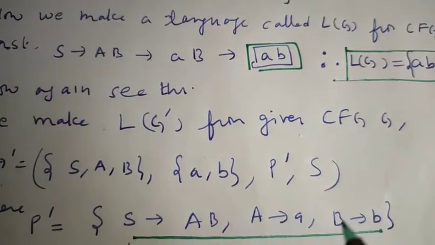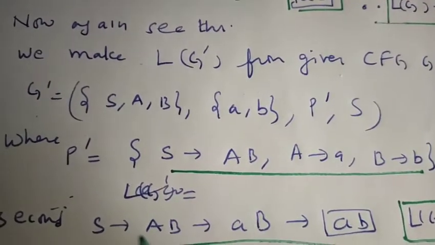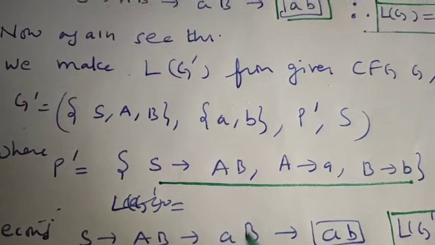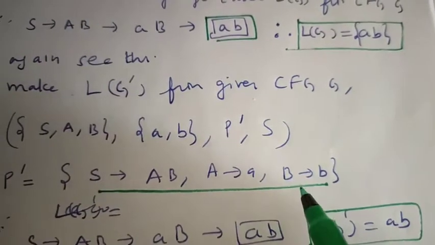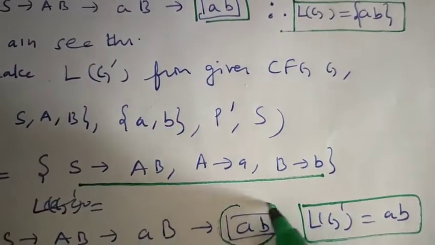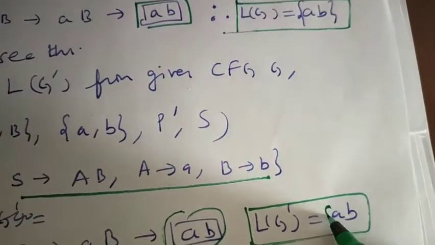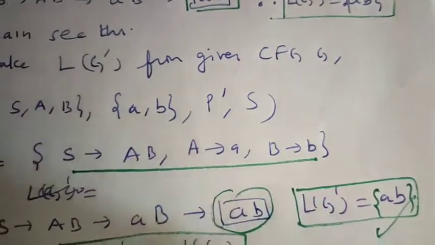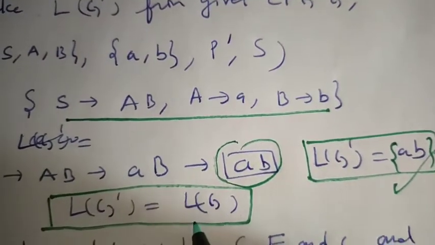Let us see what we derive from this. S tends to AB, then A tends to a, B tends to b, and again this grammar makes the same language that we have already derived. So L(G) is nothing but ab, and L(G dash) is equal to L(G).